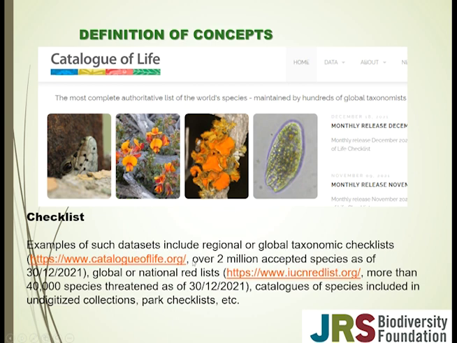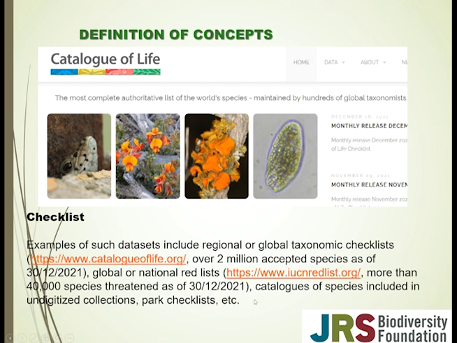Okay, on Catalogue of Life you have more than 2 million accepted species names. You can also have global or national Red Lists on the IUCN site, for instance, where you have more than 40,000 species threatened as of 30 December 2021.